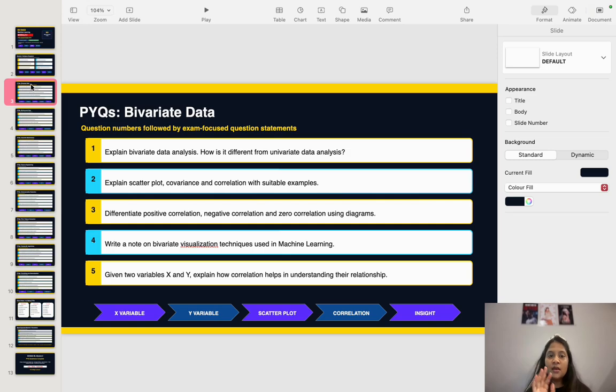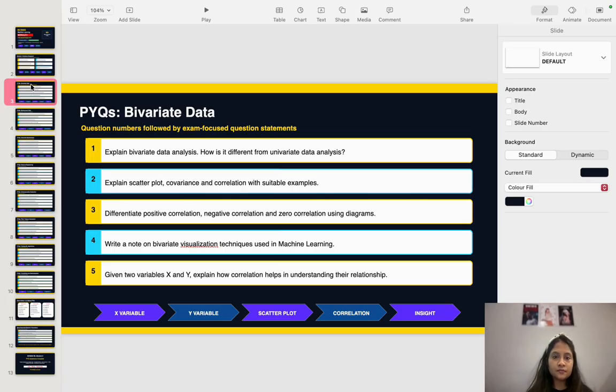The main purpose is to find whether two variables are related or not. Understood? In the exam, write the definition, then the purpose, which is to find whether the two variables are related or not, then give three or four examples, and then draw the scatter plot. The diagram is there that you can write.